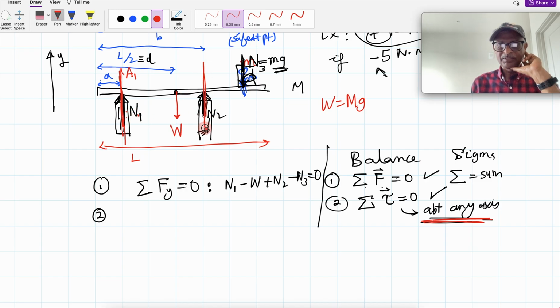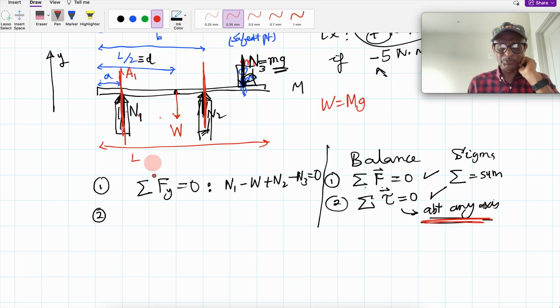N2 is parallel to the axis. What do you think if the axis is like that? All of this will be 0.